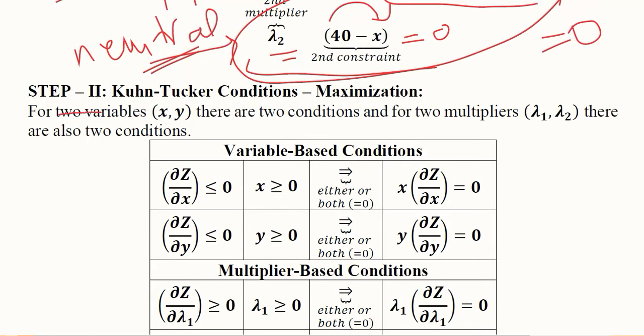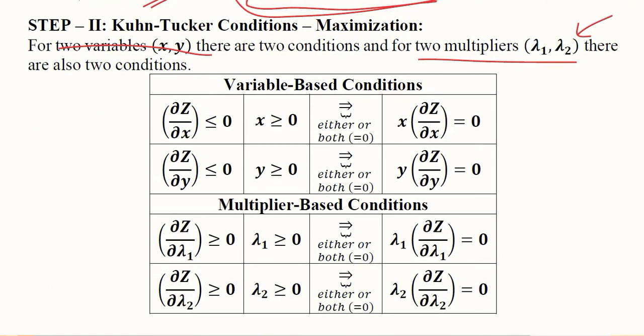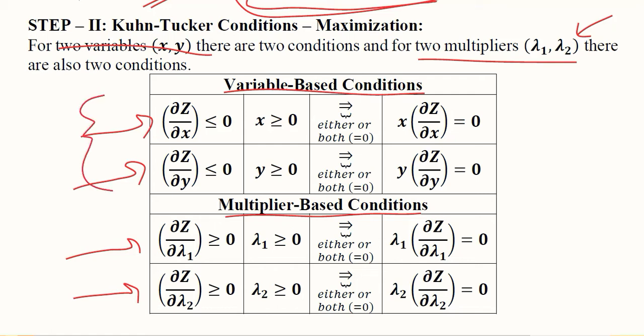There are actually two variables, x and y, and there are two multipliers, lambda1 and lambda2. So we will form the variable based conditions and then the multiplier based conditions. These are the variable based conditions, these are the multiplier based conditions. As we already understood, the number of variables will be equal to the number of conditions, so there are two independent variables, so there are two conditions, and if there are two multipliers, there are two conditions.